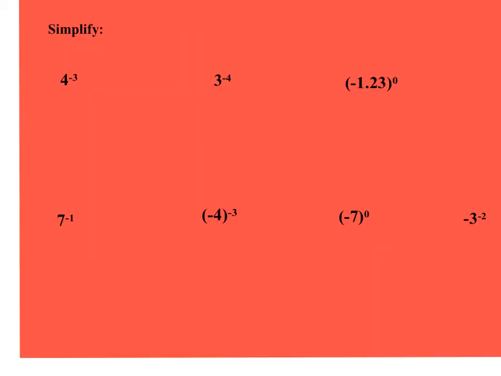So now let's do some examples. If we want to simplify 4 to the negative third power, we can write that as 1 over 4, and the 3 is now positive because we moved 4 to the denominator. The same thing, 3 to the negative fourth power, to make that exponent become positive, write it as 1 over 3 to the positive fourth power.